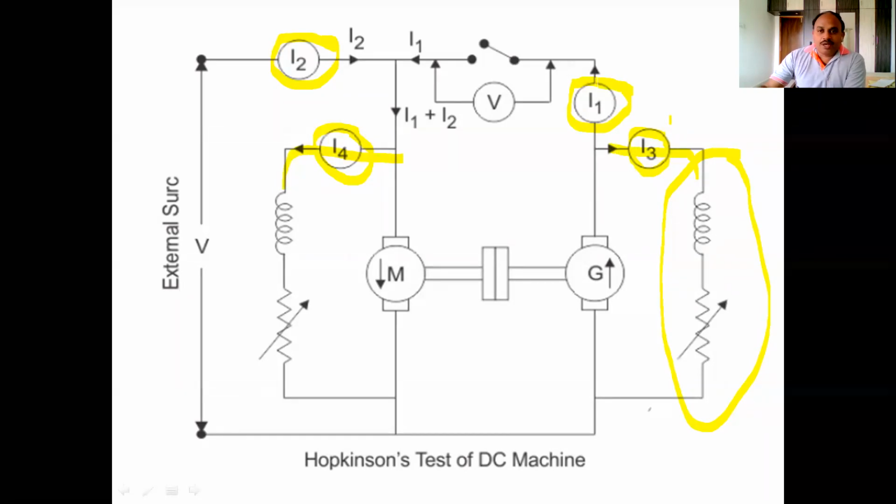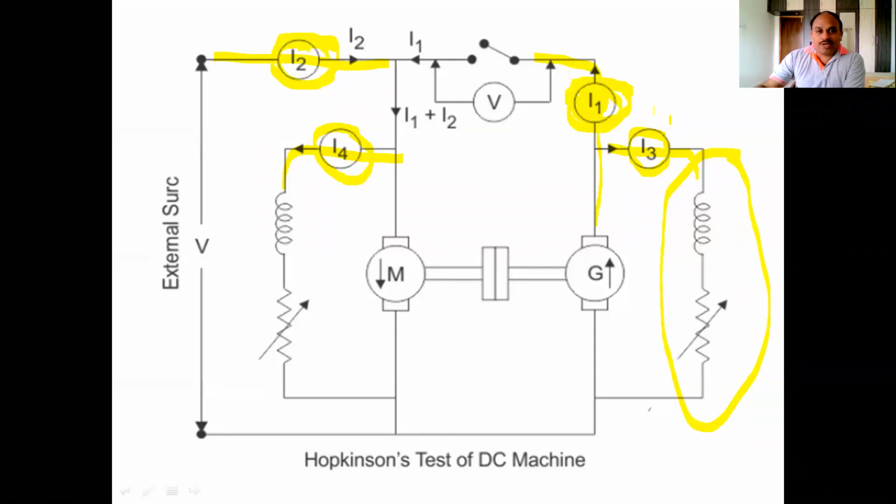Another ammeter is placed to measure the current delivered by the generator, I1. This ammeter measures the current taken from the external source, I2.